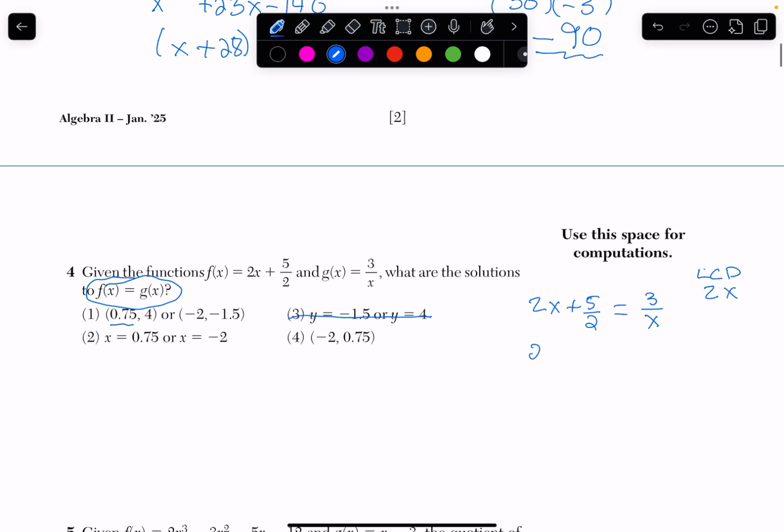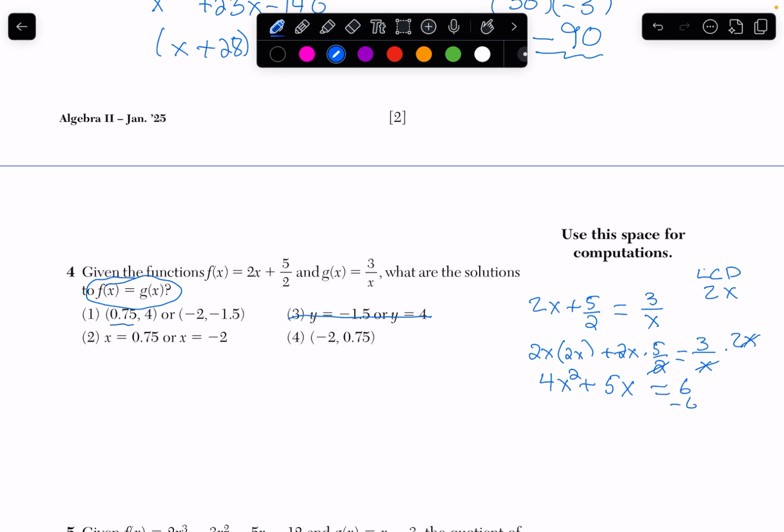So I'm going to do 2x times 2x, plus 2x times 5 over 2, is equal to 3 over x times 2x. This one becomes 4x squared. This one, the 2's cancel out, and I'm left with 5x. This one, the x's cancel out, and this equals 6.